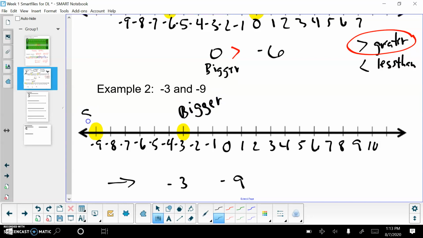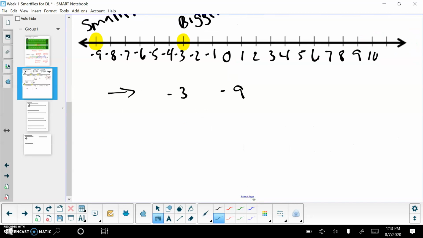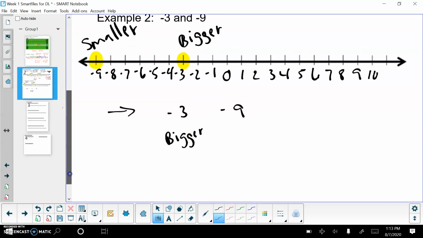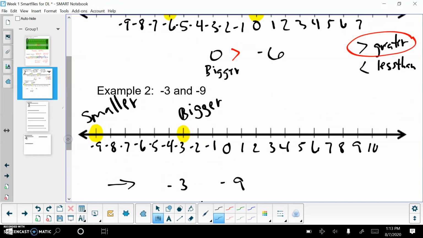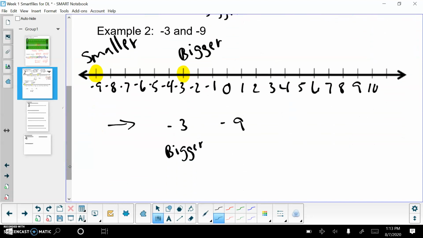That means the -9 is smaller, because again, once you go to the left, you're getting smaller. So if I label it under here, the -3 is once again bigger. So just like before, since it's bigger, you want to use that greater than symbol. So I'm going to come down here and put in my greater than symbol.